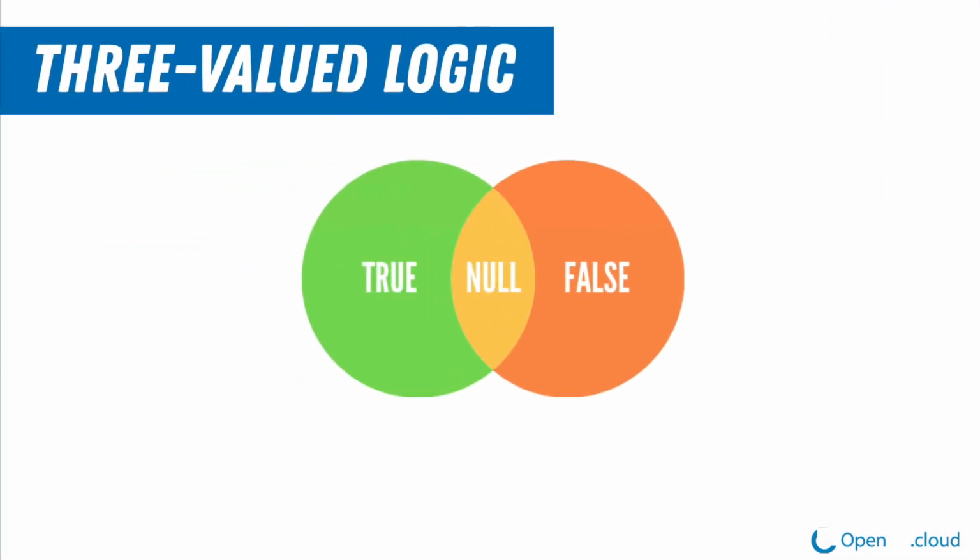Now what we want to remember and what we want to stick with us is that SQL differs from many programming languages, being that it has that 3-valued logic system, being true, false, or null. And null is that tricky little thing.